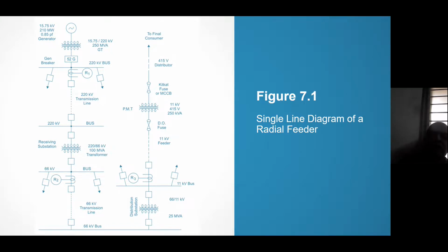The usual design power factor is 0.85. I cannot transmit power at 15.75 kV because then I would need very large transmission conductors, maybe half a meter diameter or 1 meter diameter, which is not feasible. It cannot be stringed. The sag will be very large. That is just technically not feasible.